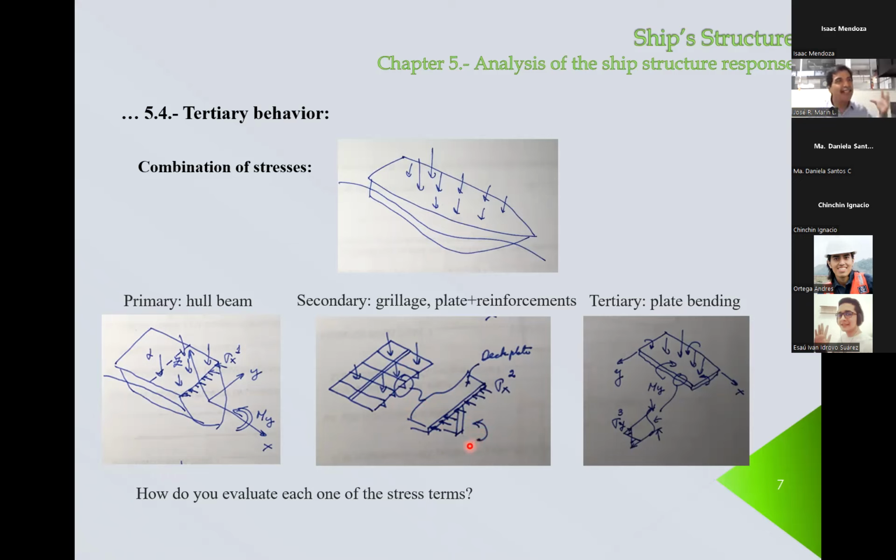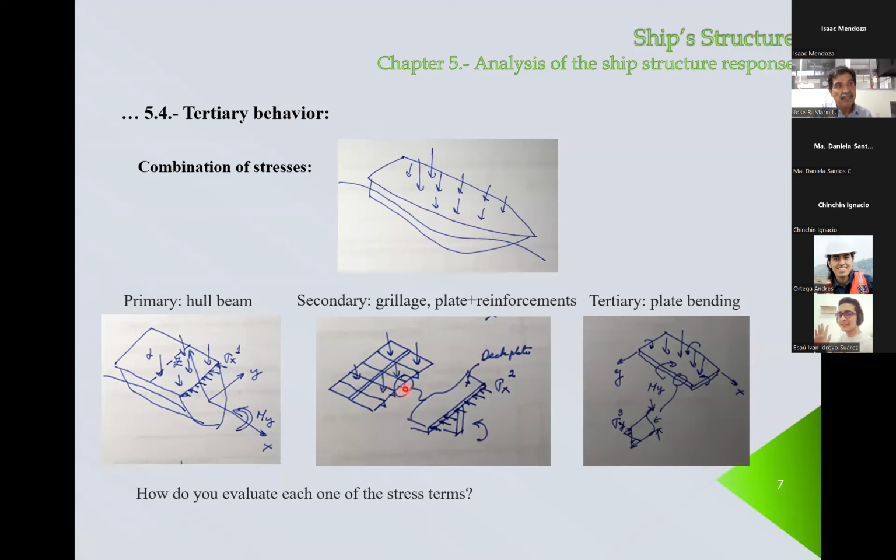It is q times the length squared of the span divided by 12. Divided by 12, yes. How about in the center? This is the same divided by 24. Thank you. So it's going to be that value of the moment times the distance from the neutral axis to the plate and divided by inertia.